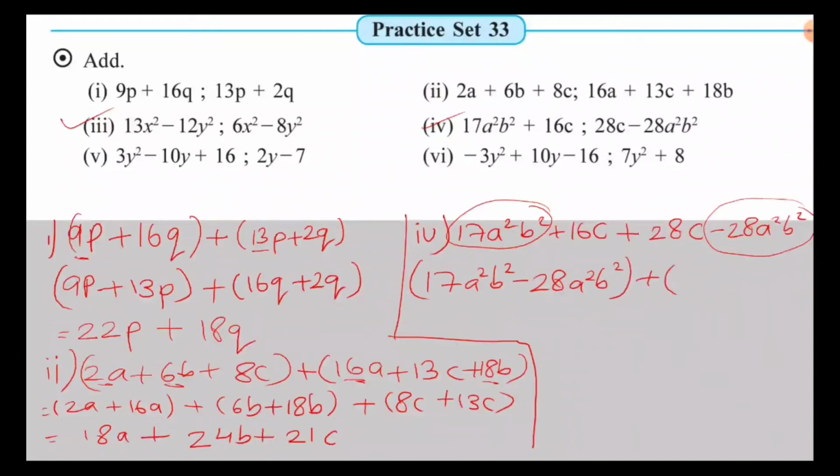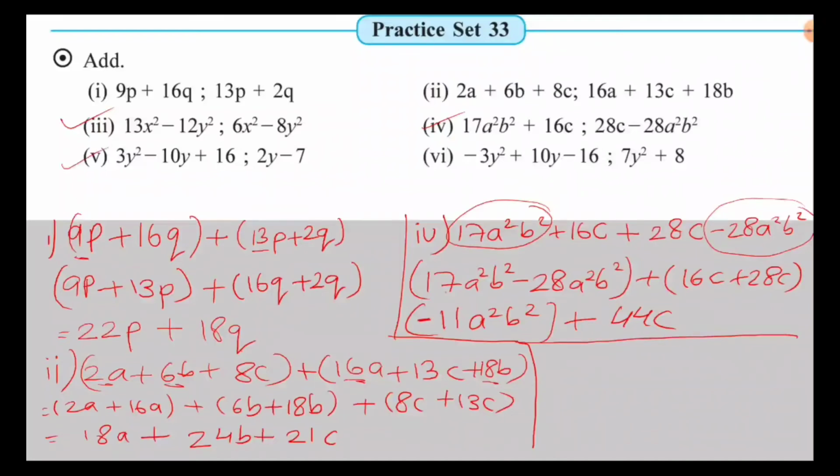In the middle there will be a plus sign. 16c plus 28c. 17 minus 28 will be minus 11. So 11a square b square, but with minus, because 28 is a greater number, it is having a minus sign, so minus over here, plus 16 plus 28 will be nothing but 44c. That's it. This finishes our fourth sum.